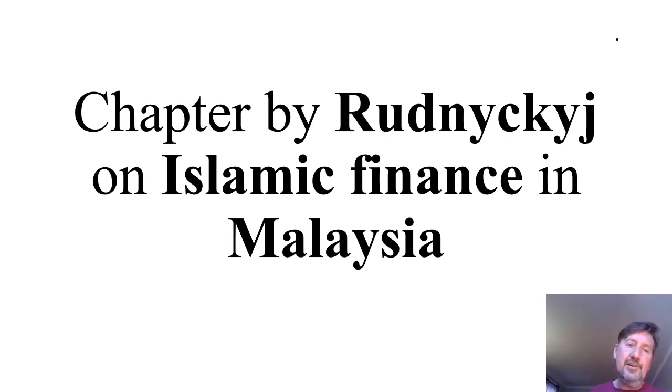Finally, for our section on religion, very briefly, there is the chapter by Rudnitsky on Islamic finance in Malaysia. Rudnitsky tells us how Islamic finance is different from conventional Western capitalism. The answer basically is that Islamic finance prohibits the payment of interest.